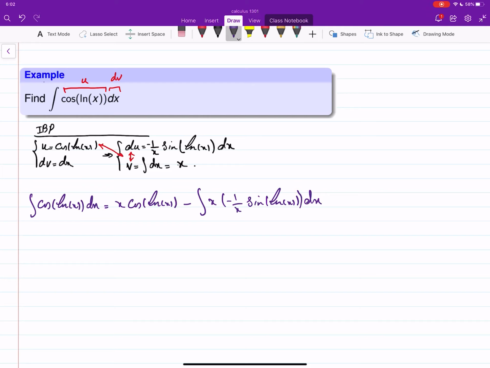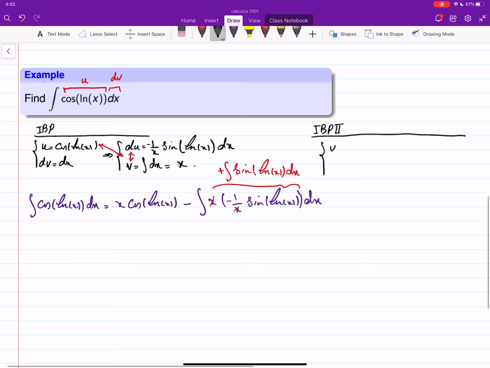Yes, there's another bracket there. But inside this, you see that the x cancels with the 1 over x. I can put that minus sign outside, and this whole thing is going to be plus integral of sine of ln x dx. Now we can apply IBP another time.